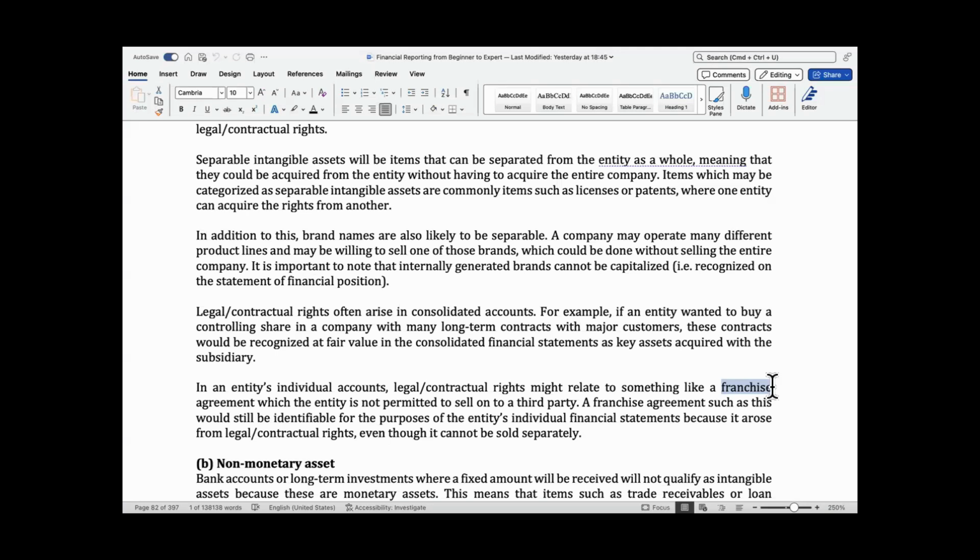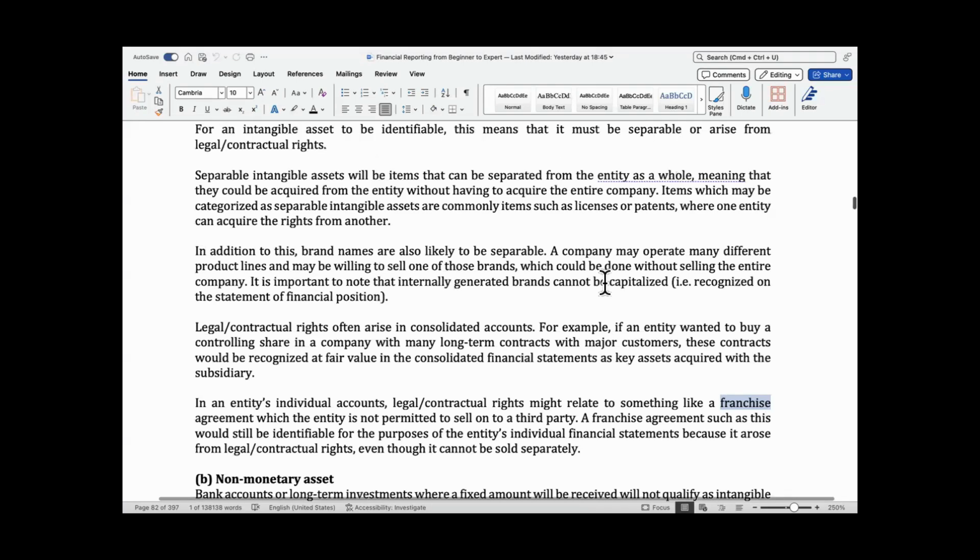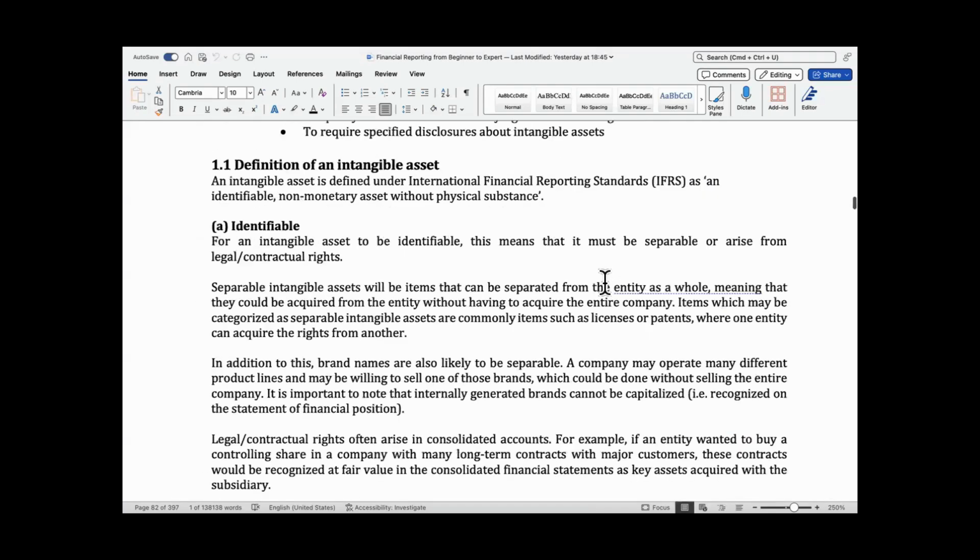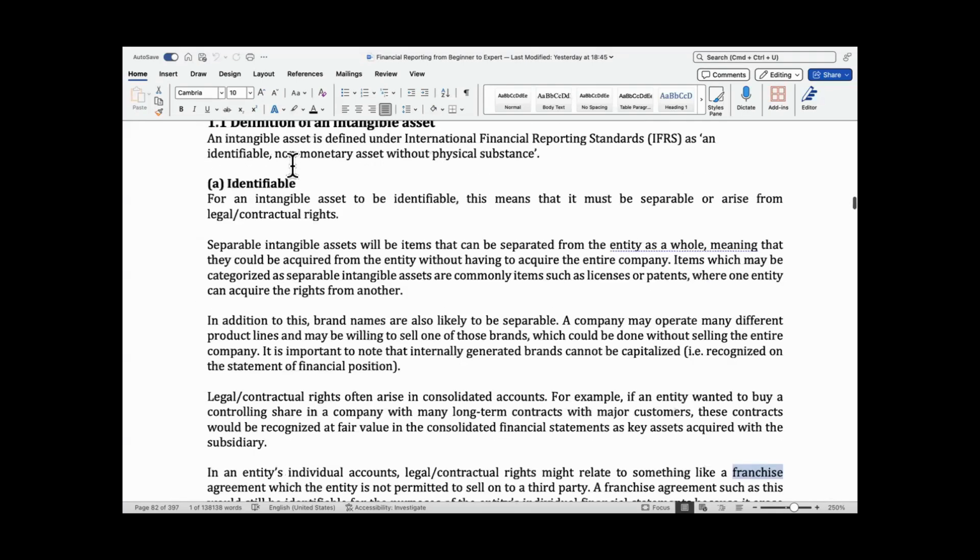That franchise is not something they can transfer to another party. But it is an asset to them because it's arising from legal or contractual rights. It's like they have an agreement with Apple that, okay, you can use our name, and they will have paid for it.